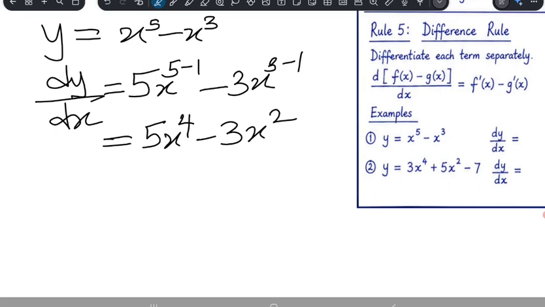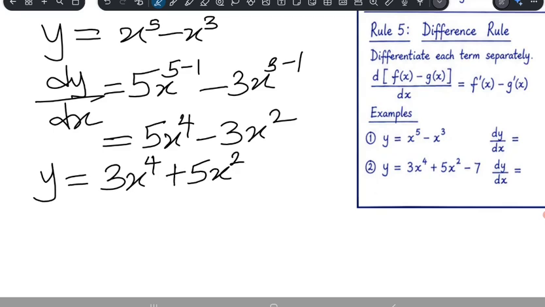So for example 2, we have y is equal to 3x raised to the power 4 plus 5x squared minus 7. dy/dx: you obey the same rule, only that you should note one thing here.